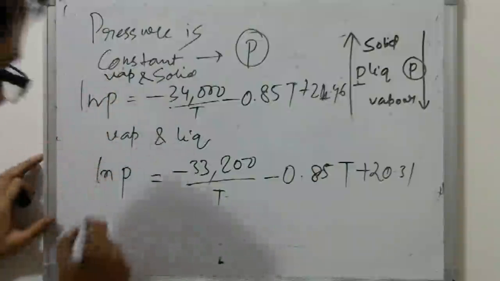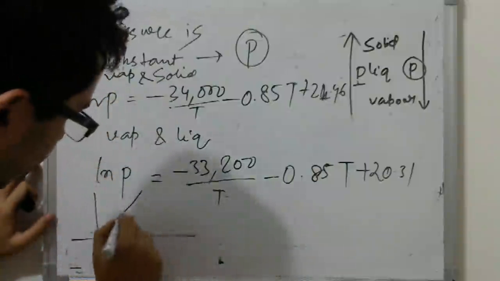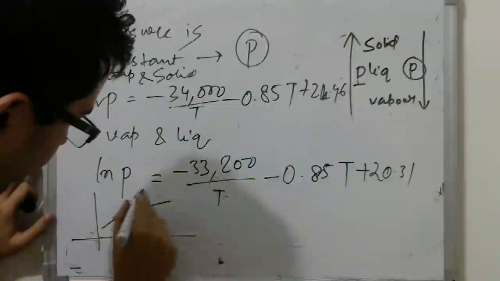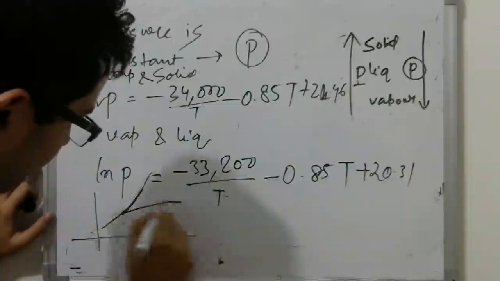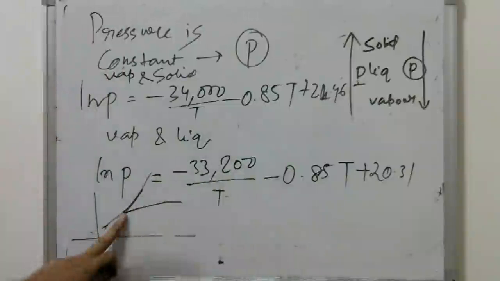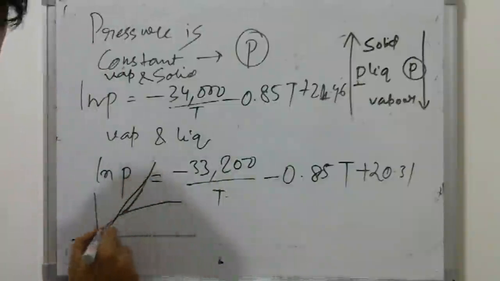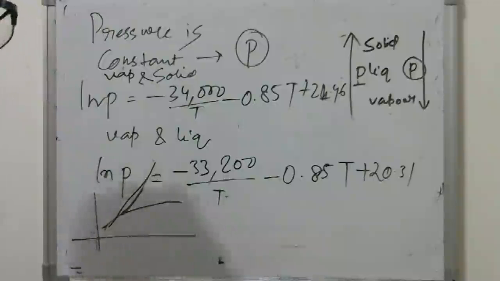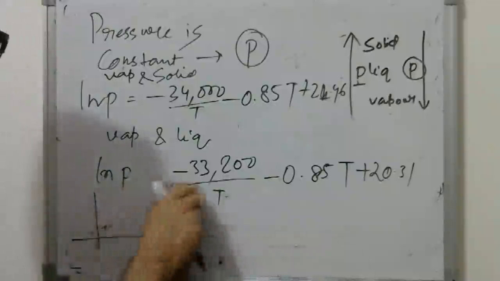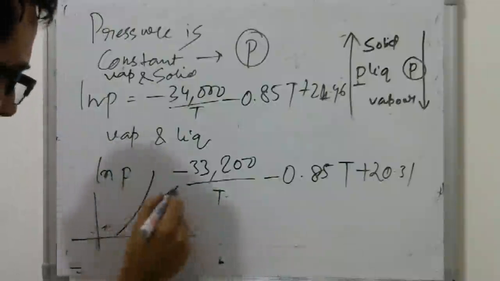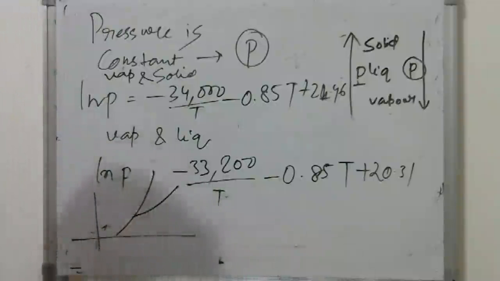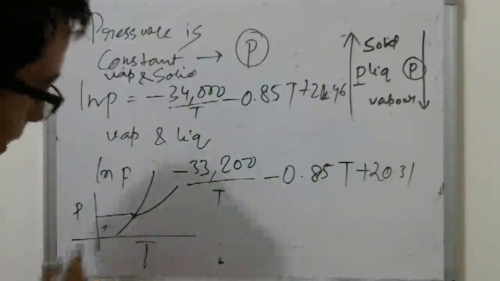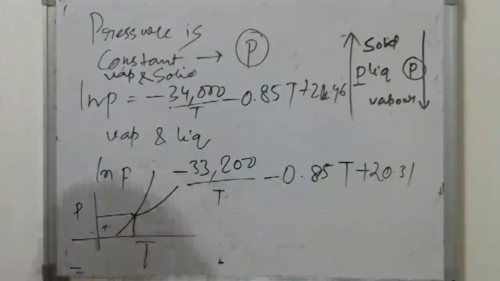So I can say there is a point, basically it looks like this. I am solving this equation for a particular P. The equation of pressure versus temperature follows some exponential curves, like this and like this. So basically I am solving for a particular P and finding the corresponding temperature.